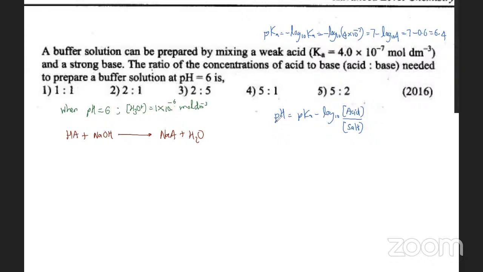So here if I put pH equal to 6, 6 equals 6.4 minus log 10 concentration of acid over salt.